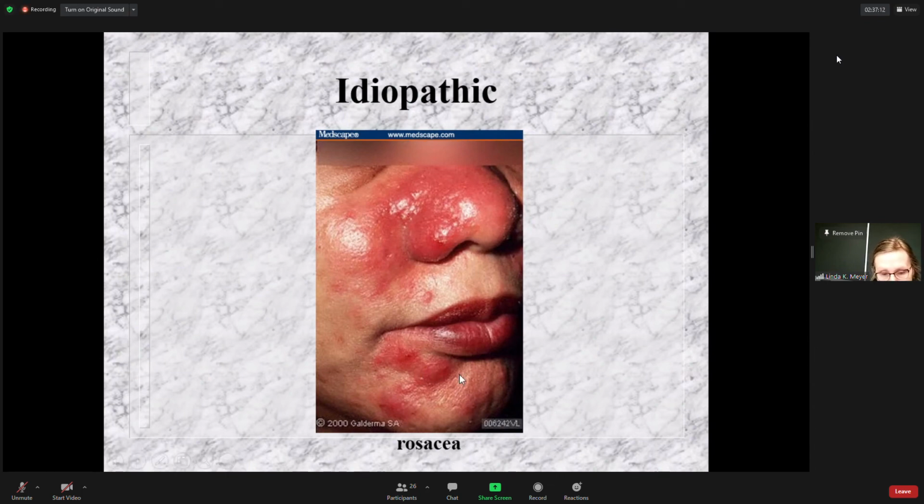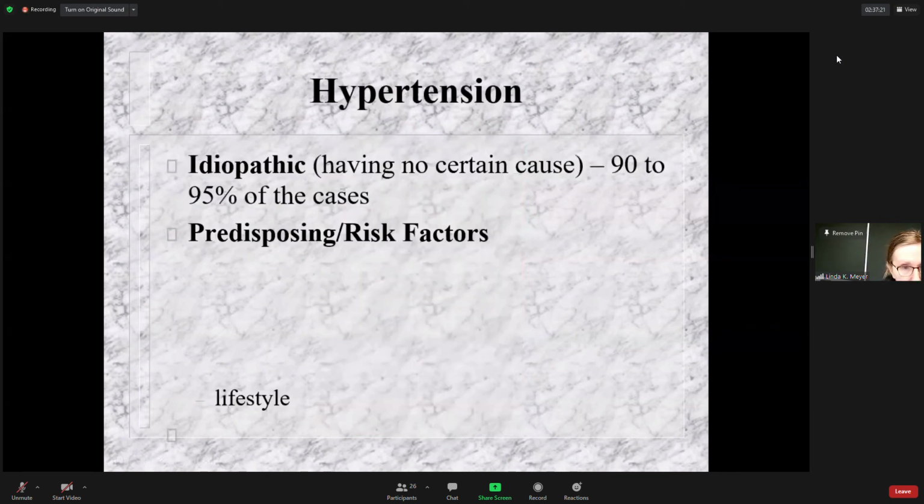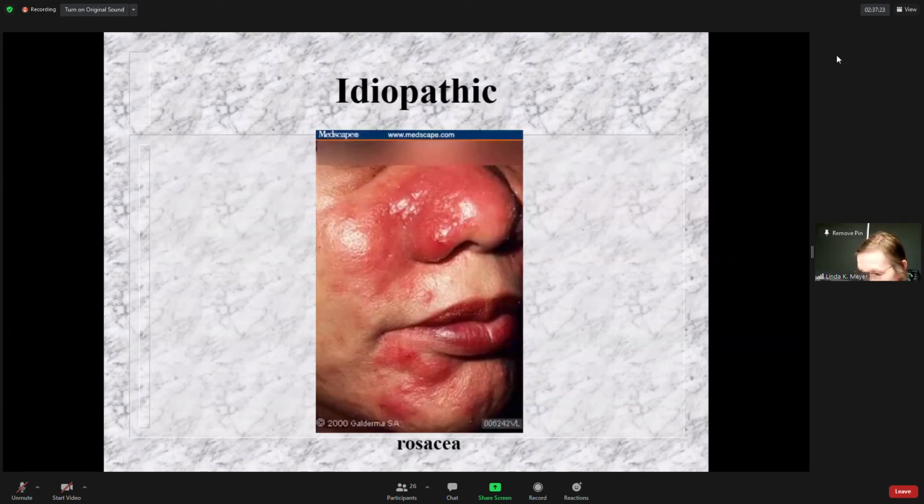They do know that certain things like caffeine and stress can trigger it, and just Bell's palsy, that affects the motor root of the facial nerve. Sometimes there's not a clear-cut cause for it.